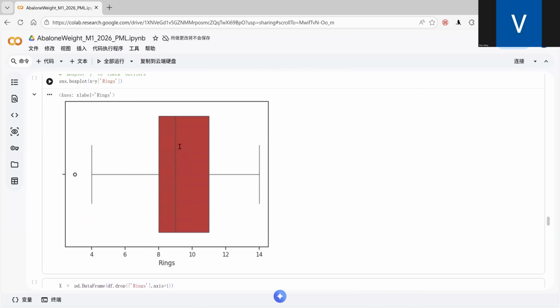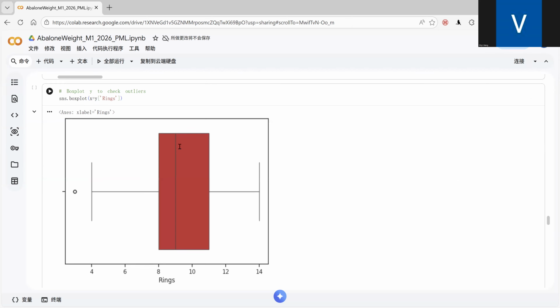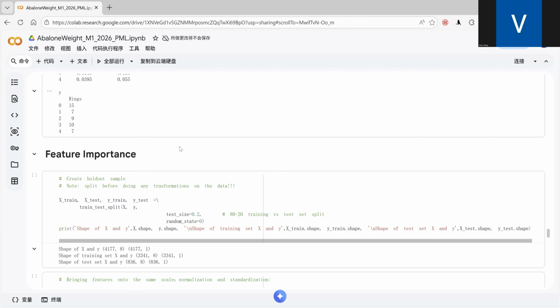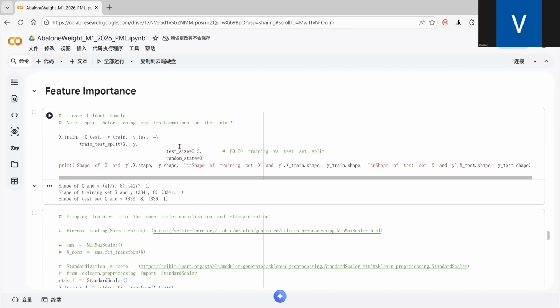Here is the box plot to check outliers. Let's move on to the feature importance.